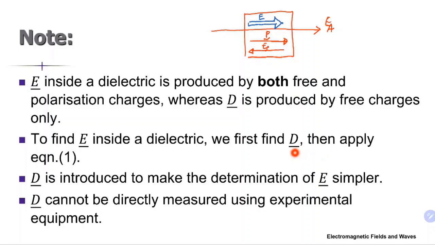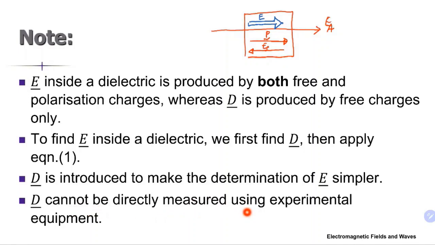Whereas the electric flux density doesn't depend on the depolarization charge. And therefore, it only depends on free charge, and therefore it makes things simpler by introducing this electric flux density. And then there's a statement here that D cannot be directly measured using experimental equipment.